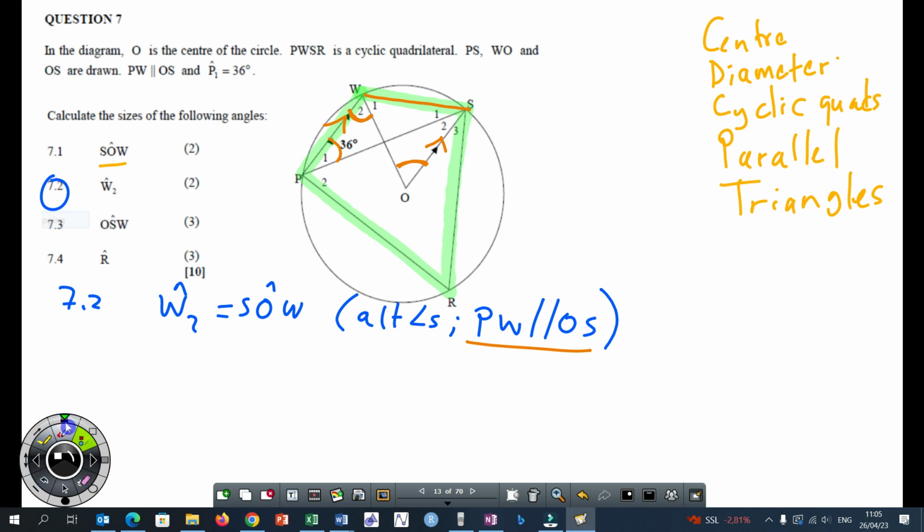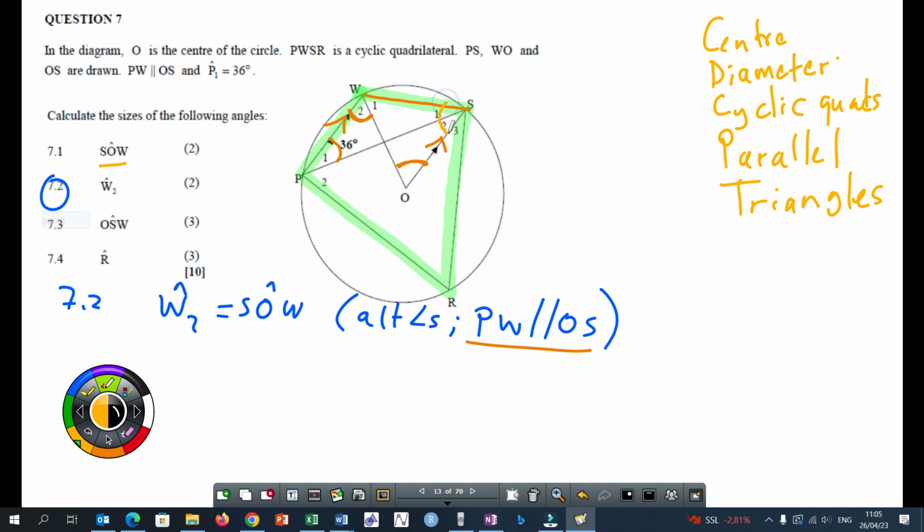Then OSW. Let's identify where it is. We've got OSW, which is this angle here. That's the sum of S1 plus S2. To get that angle, it's not that complicated.